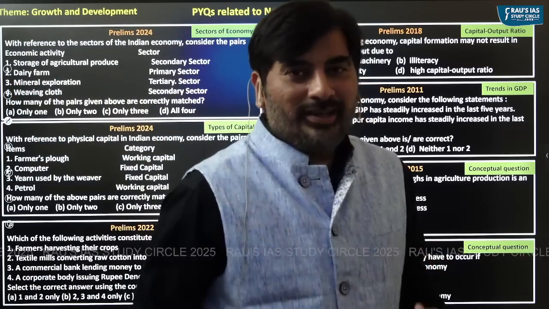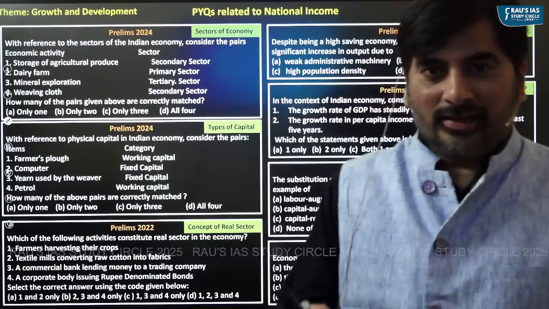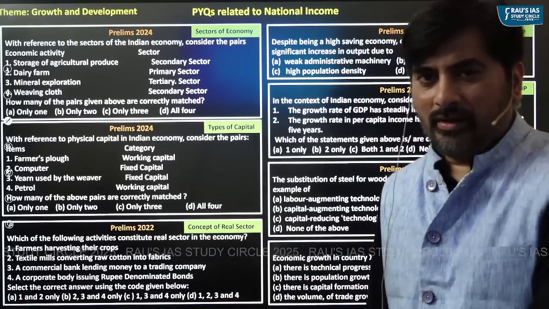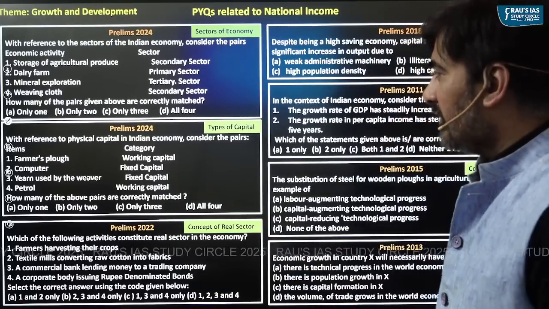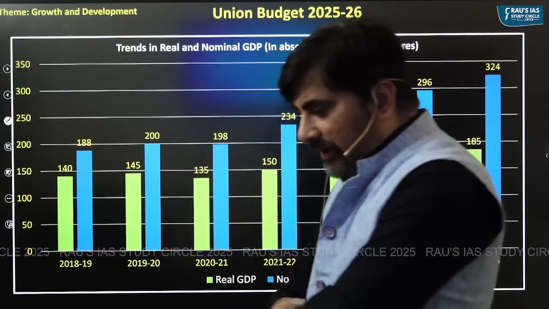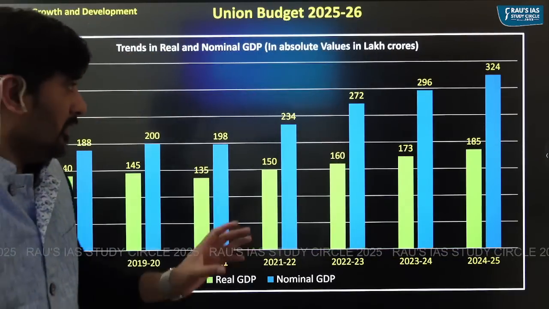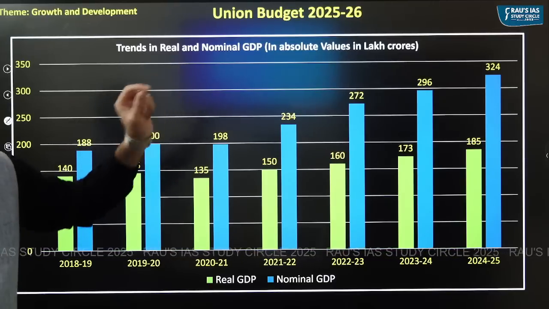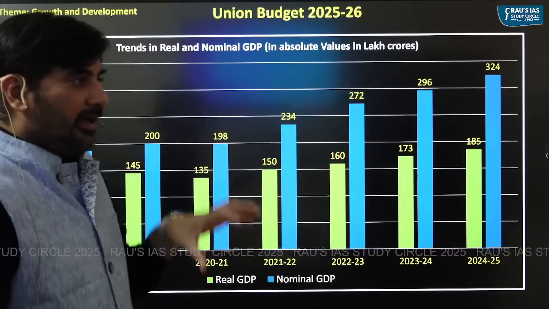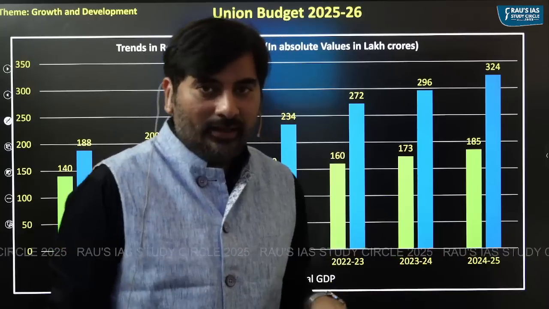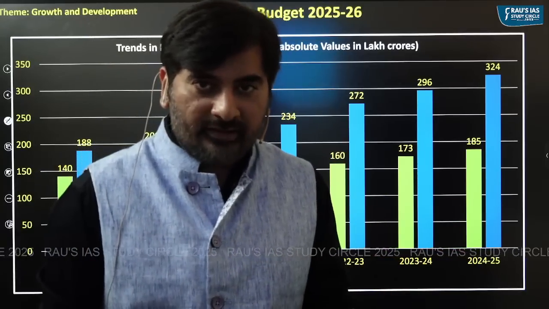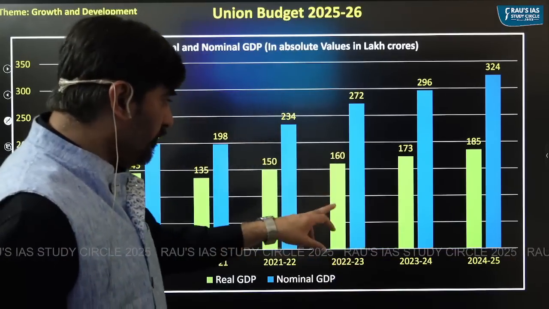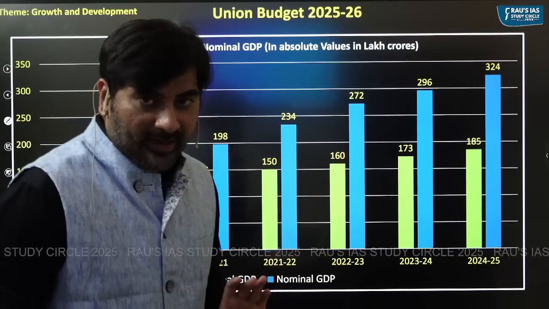So based upon the nature of questions asked in prelims, let's get into the discussion one by one, and we'll simultaneously be taking up the practice questions as well. Just have a look at the trend in real GDP and nominal GDP in absolute value. In Jan 2025, the National Statistical Office has published the estimates of national income for the year 24-25.